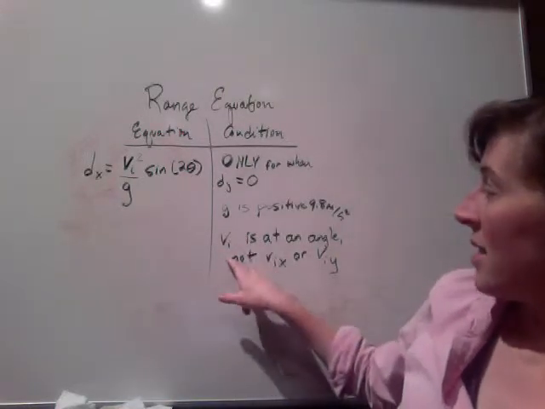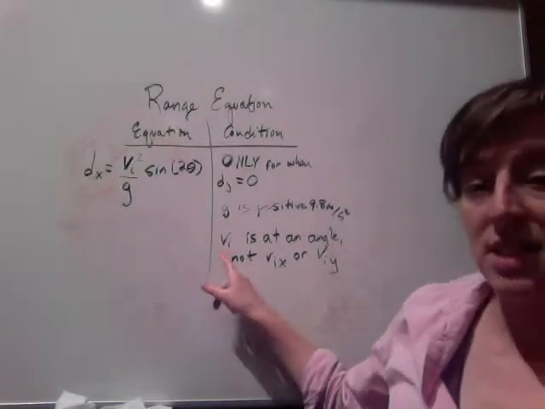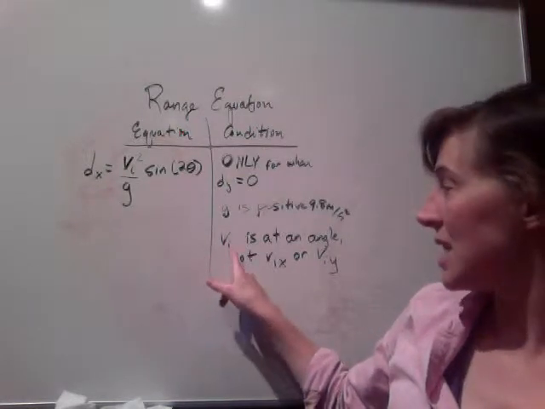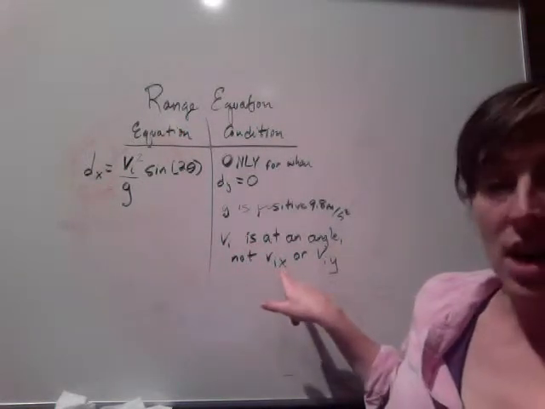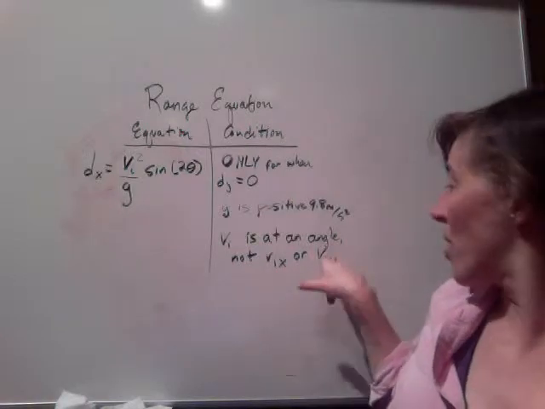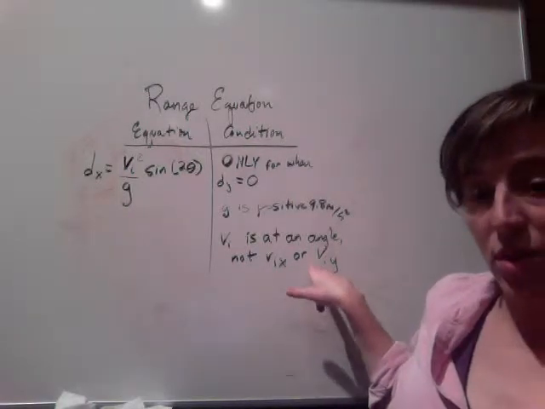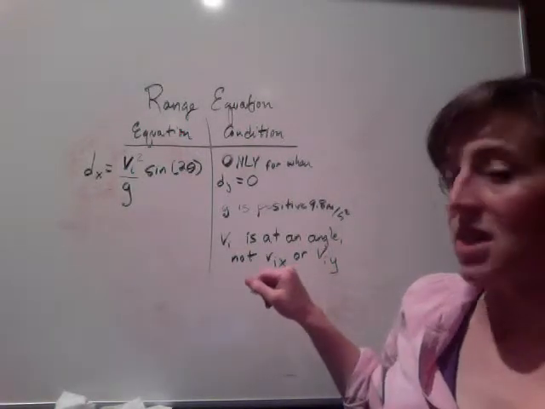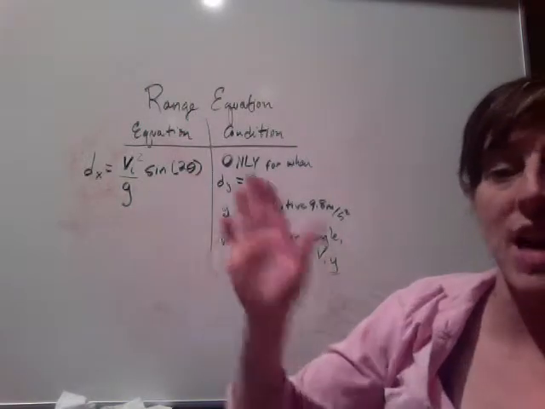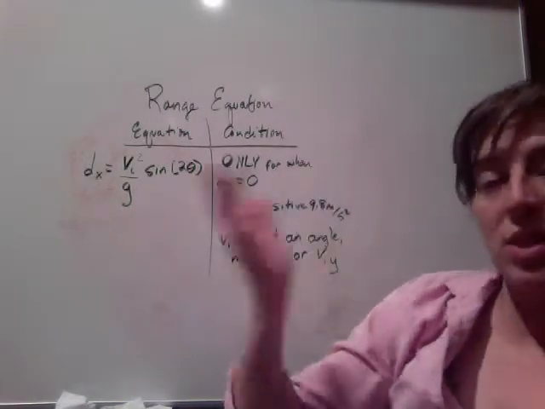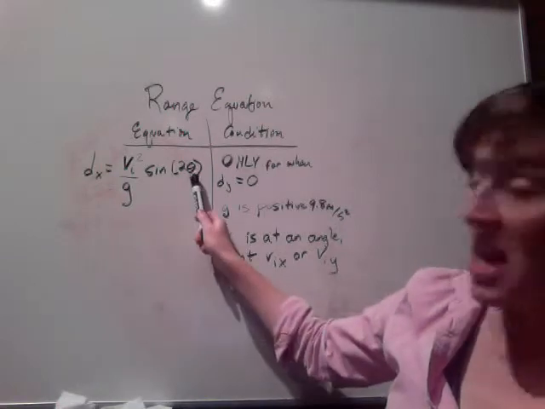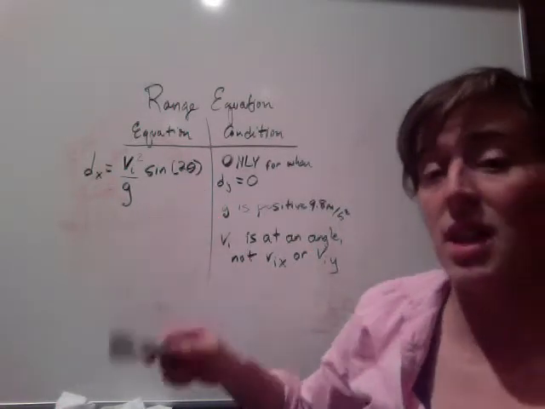And then in this case, the initial velocity is not the velocity in the horizontal direction or the vertical direction. It's just the velocity that's at some angle. So in the other part of this, theta is the angle that it's launched at.